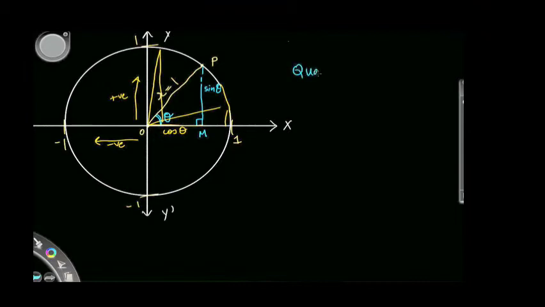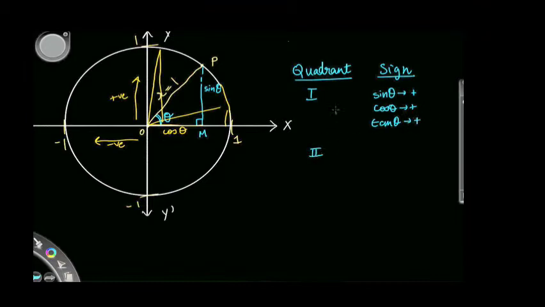Quadrant and sign. In the first quadrant, sine theta is positive, cos theta is positive, and tan theta is positive.